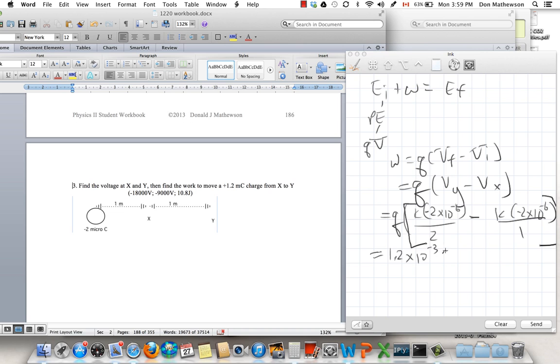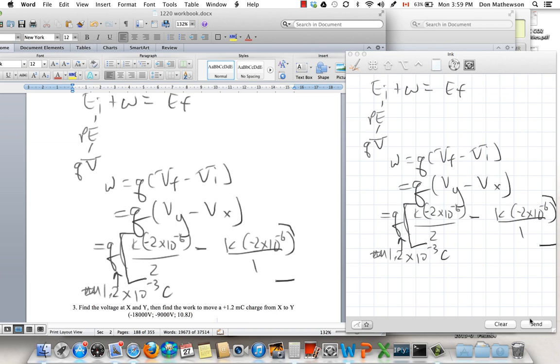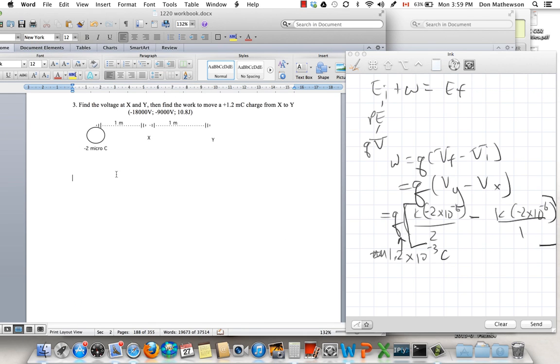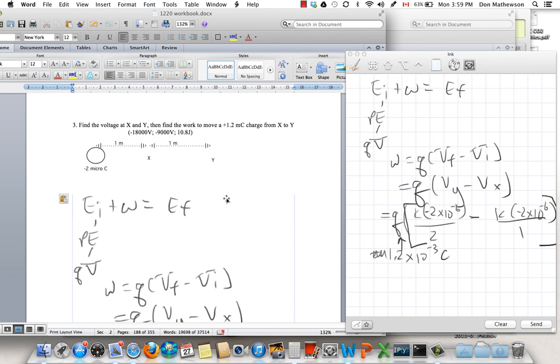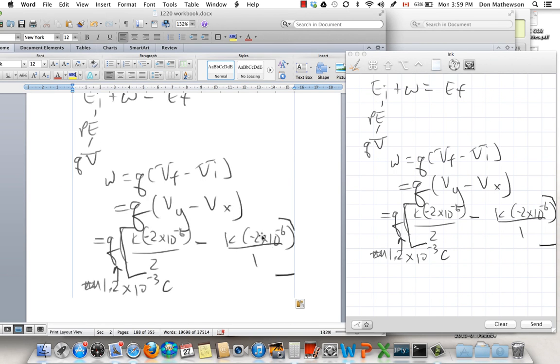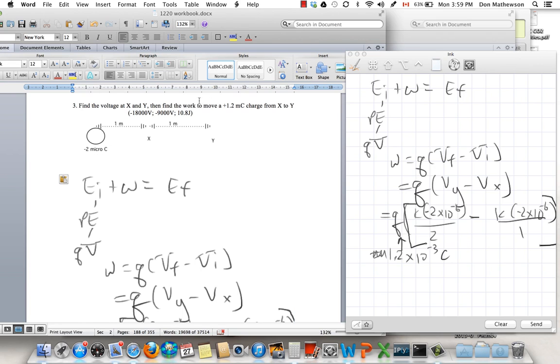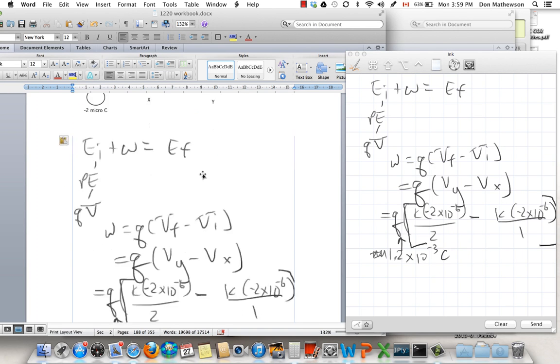That's 1 times 10 to the minus 3 coulombs. So we were asked to first find the voltage at X and Y. So at X, that would be this term. At Y, that would be that term. Then we subtract them and multiply by the test charge, and you should get the given 10.8 joules of work.